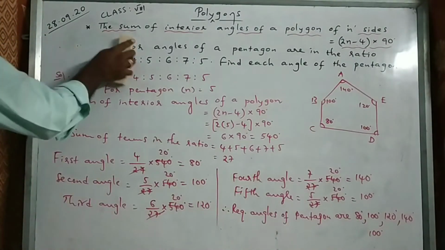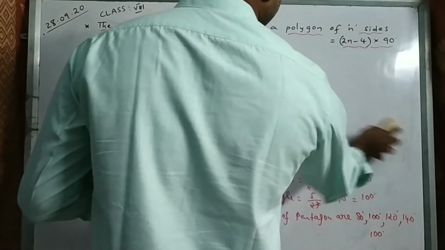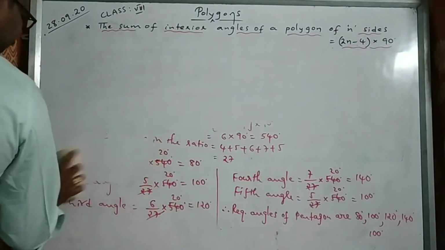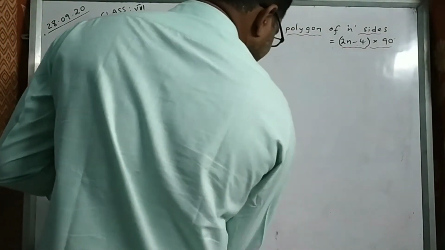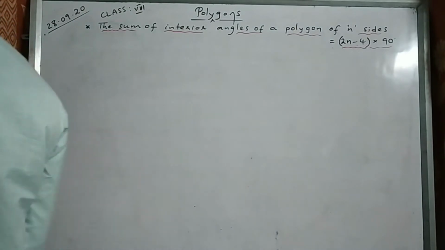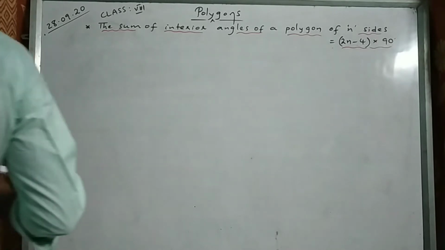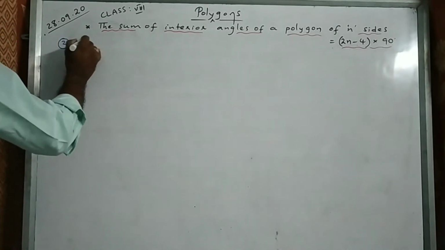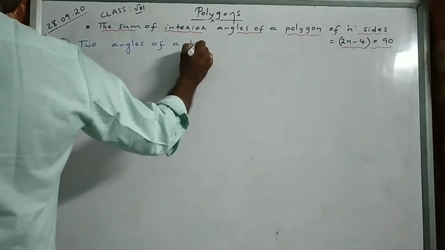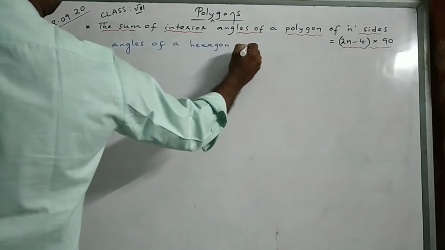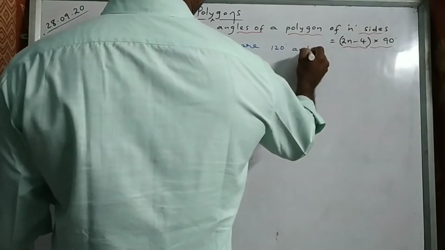Clear? We'll see one more problem. Formula, you remember it: sum of interior angles of any polygon is (2n minus 4) into 90 degrees, n is the number of sides. Two angles of a hexagon are 120 and 160 degrees.